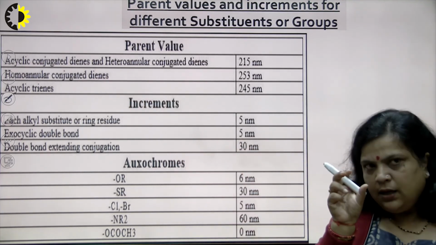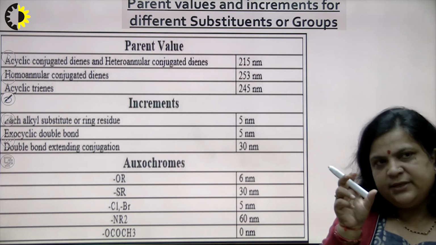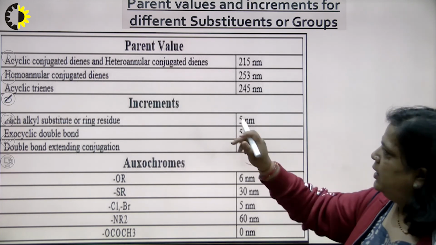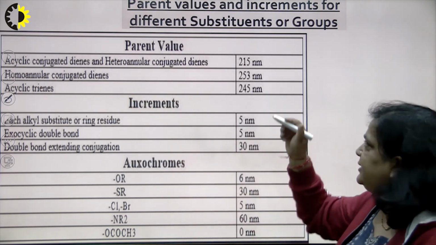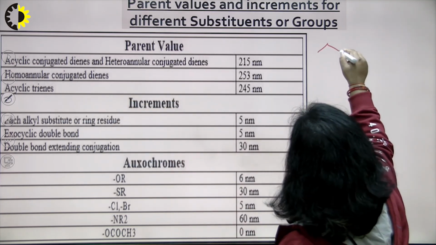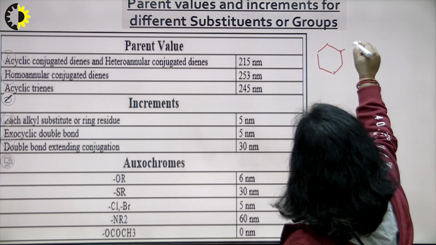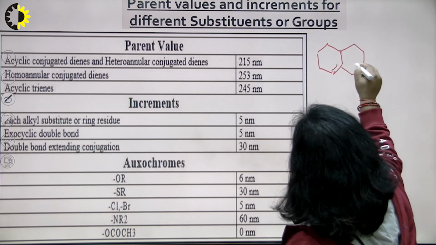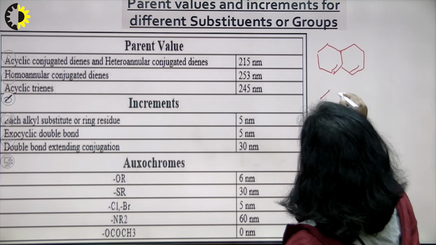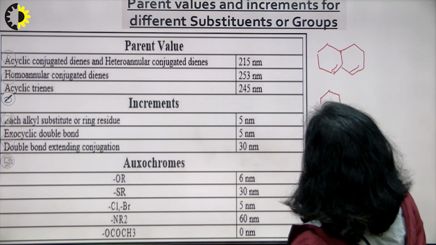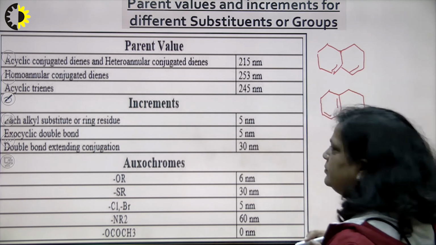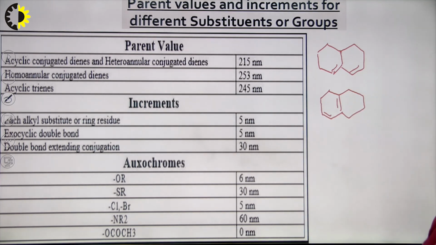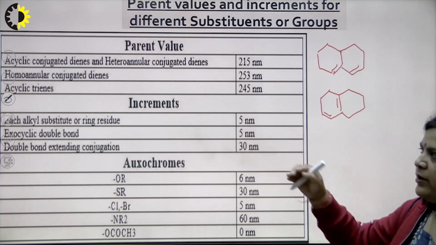Heteroannular means the double bonds are present in different rings, and homoannular in the same ring, like this situation. This is hetero, and this is like homo, okay. And these are the substituents or increments.